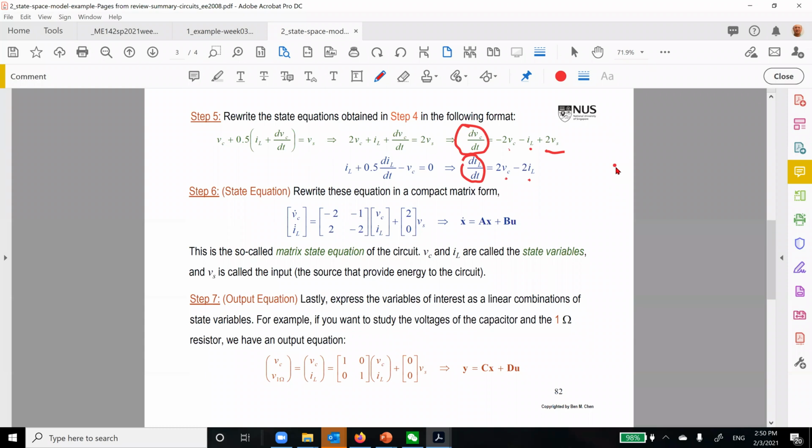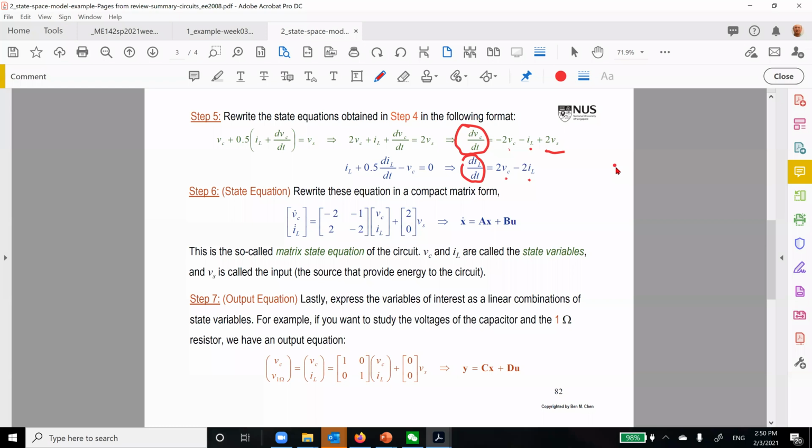Then you can see VC dot equals -2 VC minus 1 IL. So you do this cross product, then it's 2 VC minus 2 IL here, and plus 0 times this, so this is 0.